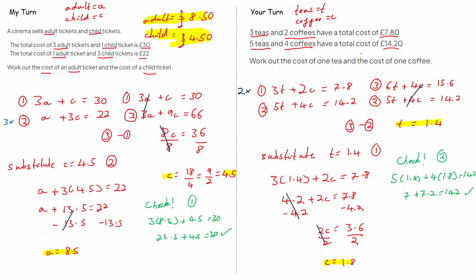So the tea is going to be equal to, in terms of money, £1.40, and the coffee C is going to be equal to, again in terms of money, which is important, £1.80, and that is my solution. Let's make it really clear, right? This is my answer. It's in terms of money. It's got meaning. It's got context. There we go. Okay, fantastic.